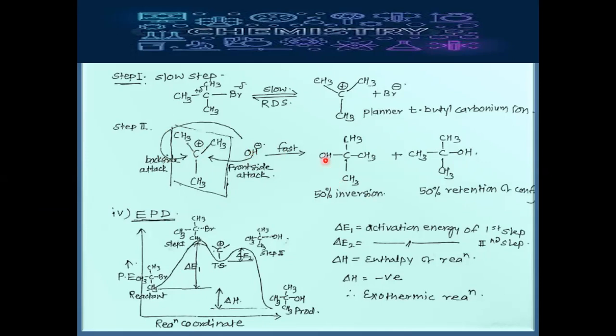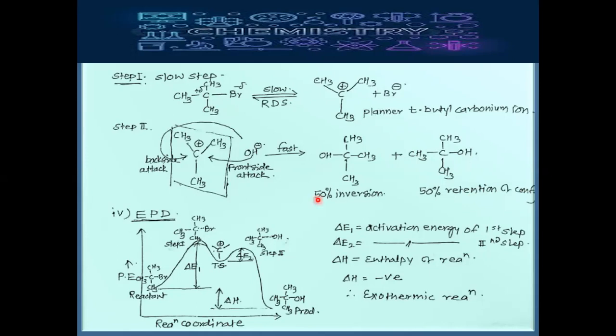If backside attack takes place, this configuration occurs. If the attack of the nucleophile is from the front side, then 50% retention of configuration takes place, meaning the structure remains as it is. So Br is on the right side, the nucleophile OH comes from the right side and stays on the right side, and here it is on the left side.